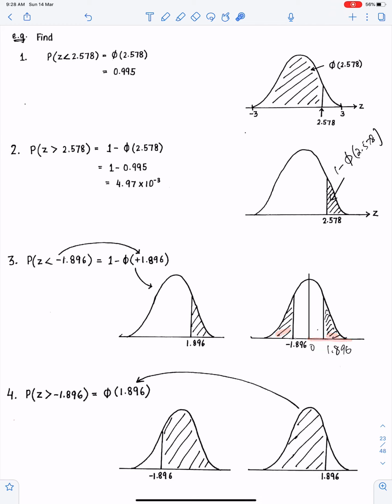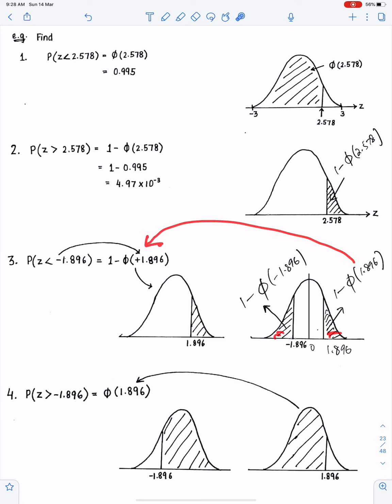So this is 1 minus phi negative 1.896, and this is 1 minus phi positive 1.896. Because of symmetry, both areas are equal. That is why I wrote positive number here. I hope you have understood this.